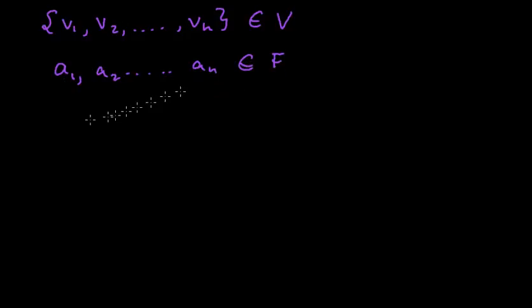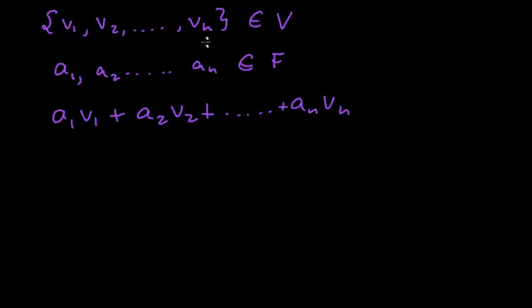So any combination of a1 v1 and a2 v2 and so on, where v1 to vn are already defined and a1, a2, an could be any scalars. Any vector u that's obtained from adding the scalar multiples of these vectors is called a linear combination of these vectors.